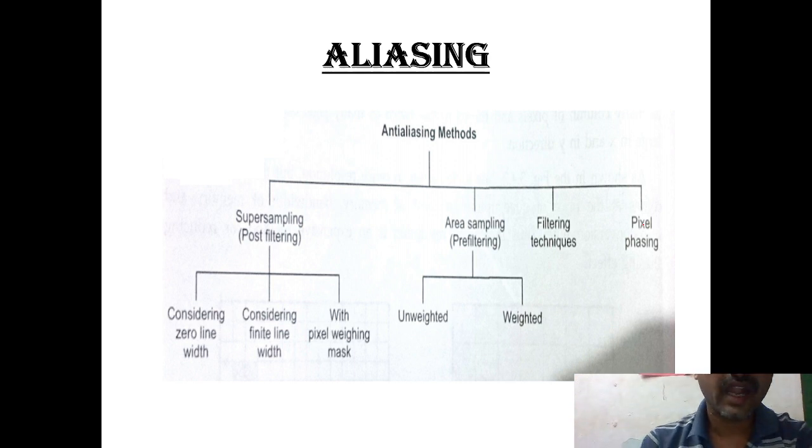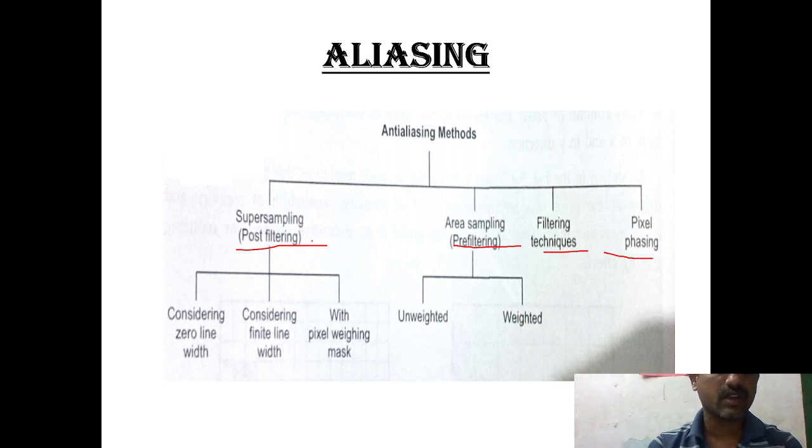In anti-aliasing we have different types of methods. The first one is the super sampling method. Next, area sampling. Next, filtering techniques. Next, pixel phasing.